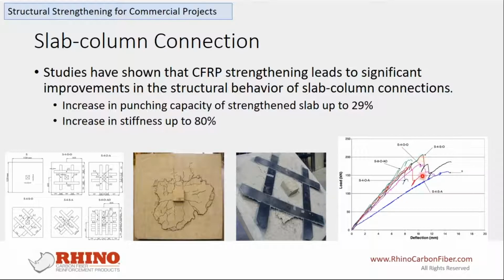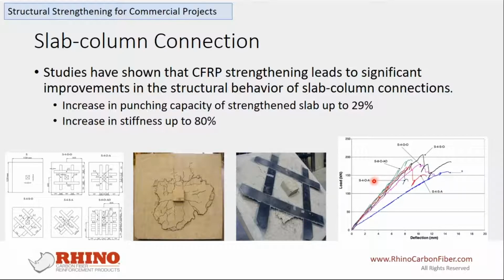And stiffness means the slope of the loading curve. So it's here. With the additional CFRP strengthening, the higher stiffness means that the structure can take more loads but deflect less with the help of CFRP.